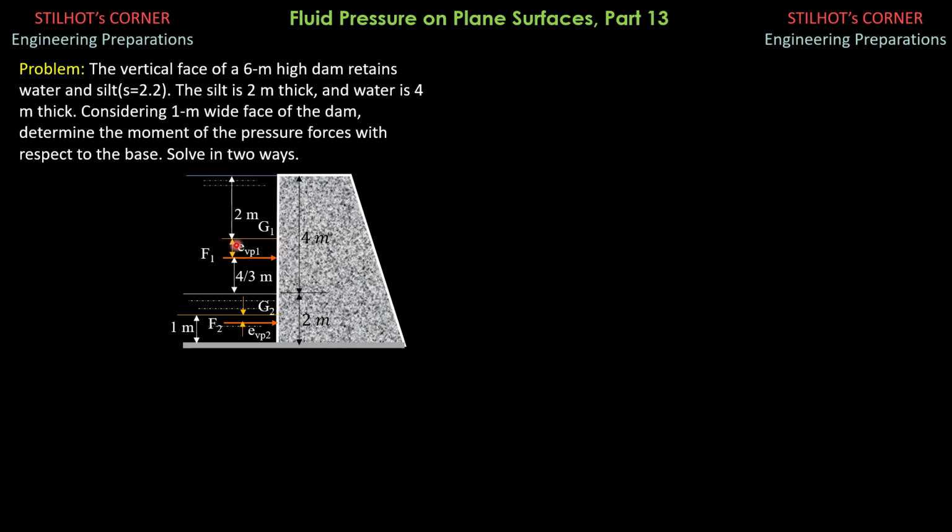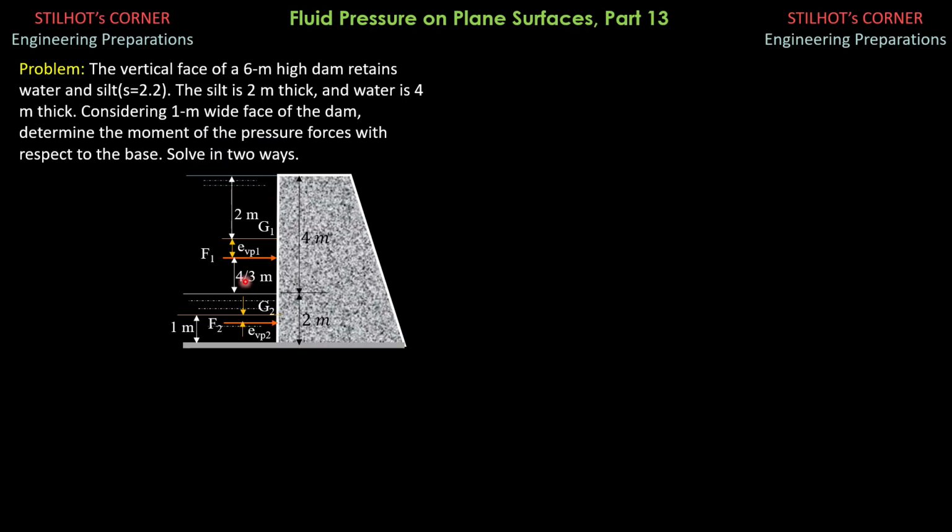So we expect EVP1 to be 2/3. Although by experience, we don't need to solve that as long as the surface flush with the crest of the dam is exposed to the atmosphere or zero gauge pressure.